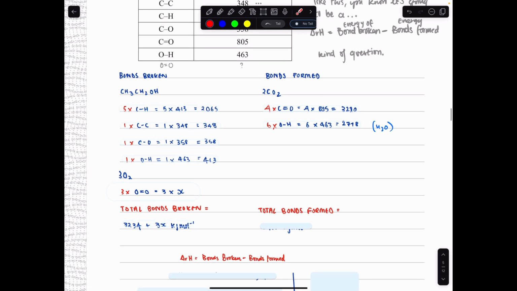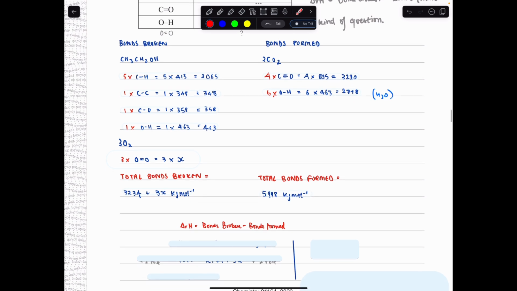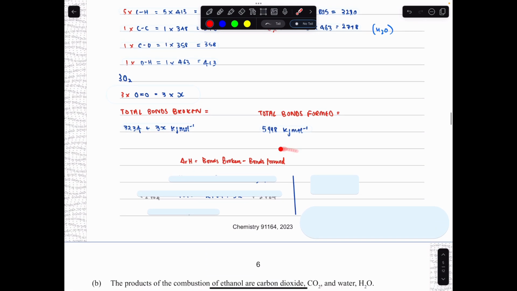Adding these values of CO2 and H2O together, the total energy of the bonds within those molecules will get 5,998 kilojoules per mole. So now we've got this equation that we can use, and we can substitute the things that we have.